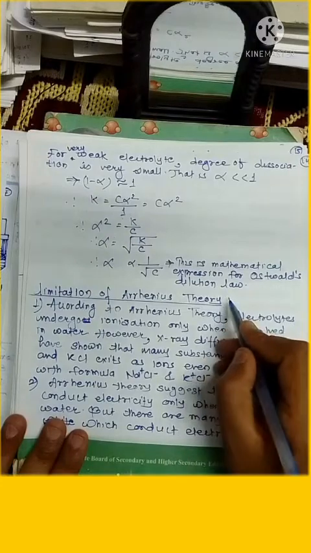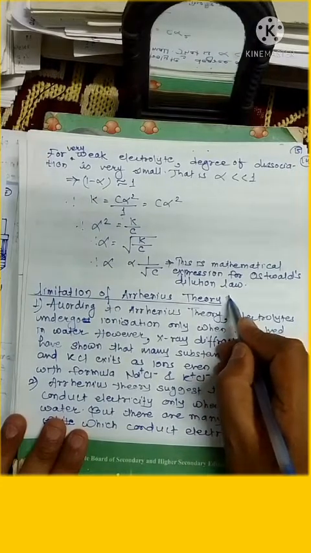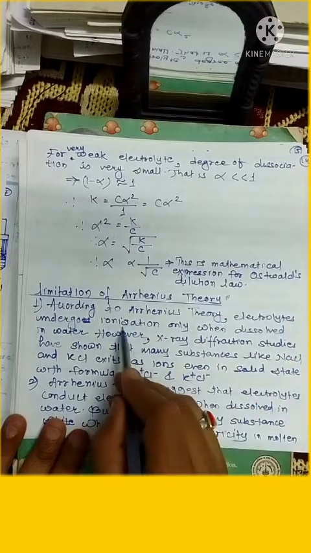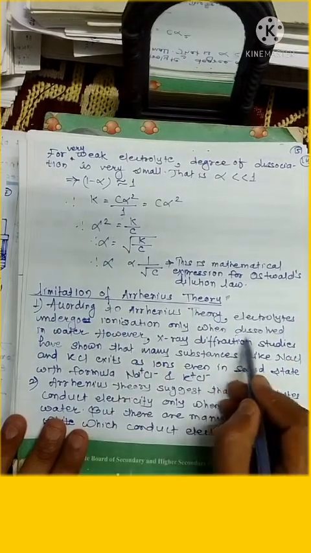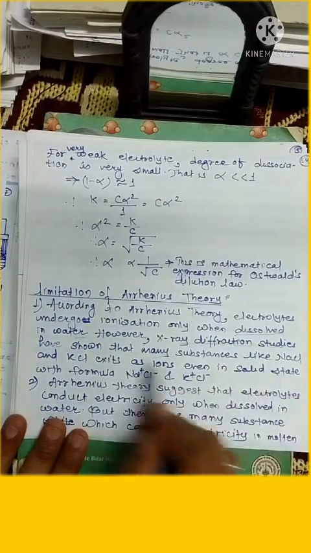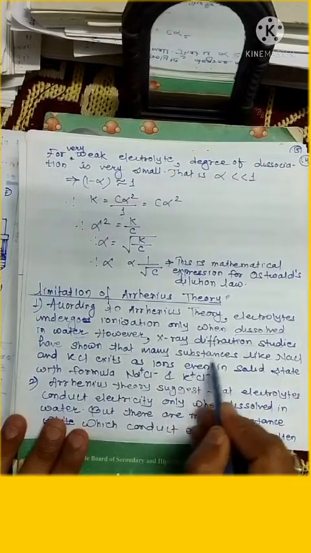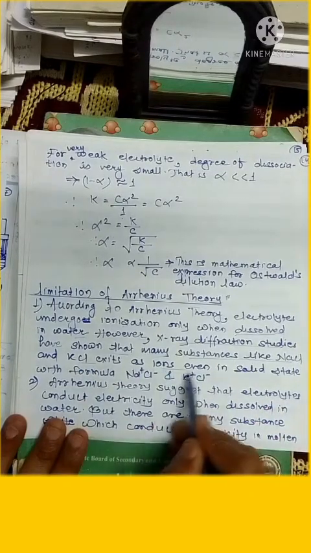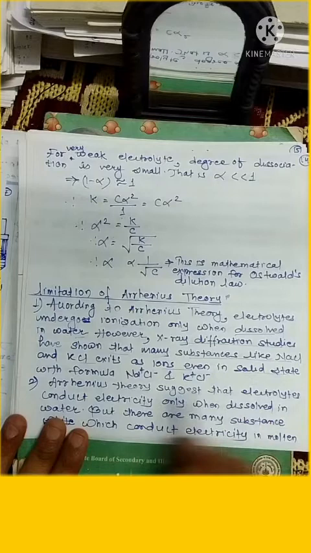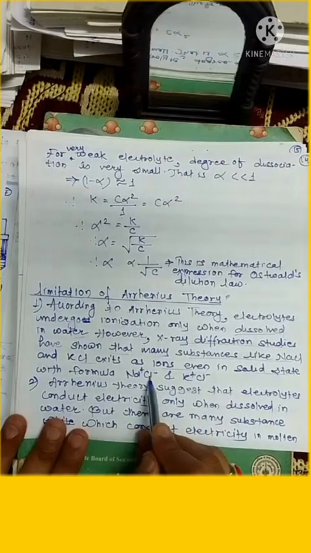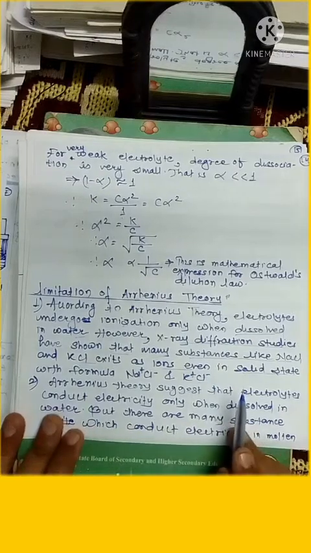Now we are going to see the limitations of Arrhenius theory. According to Arrhenius theory, electrolytes undergo ionization only when dissolved in water. However, X-ray diffraction studies have shown that many substances like NaCl and KCl exist as ions even in the solid state, with the formula Na plus Cl minus and K plus Cl minus.